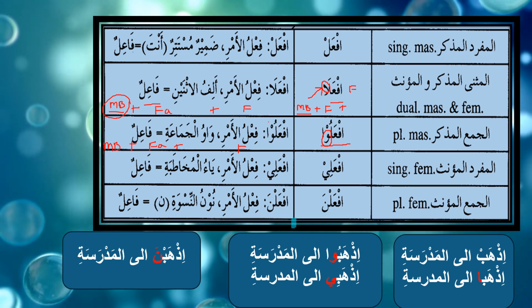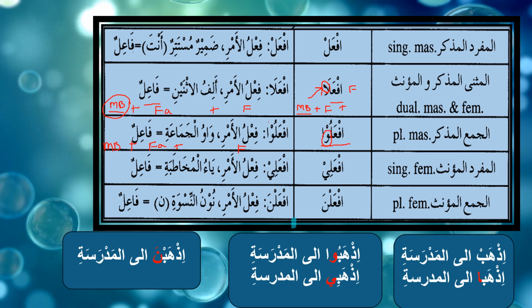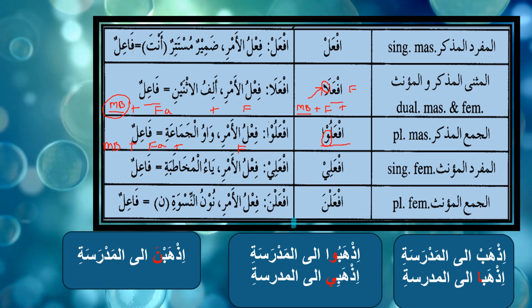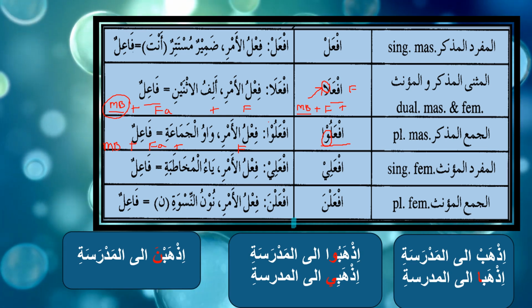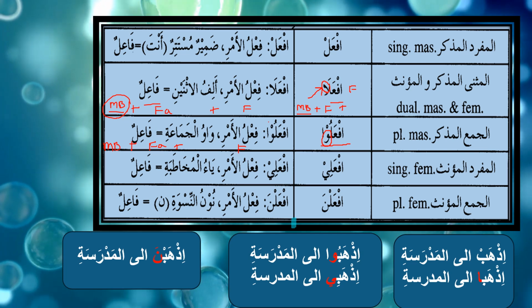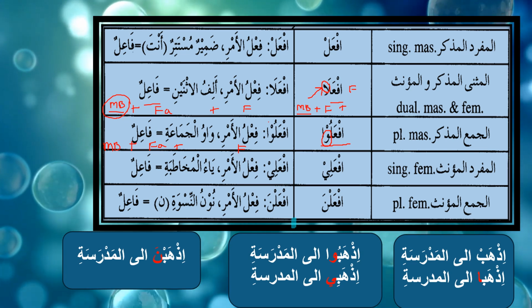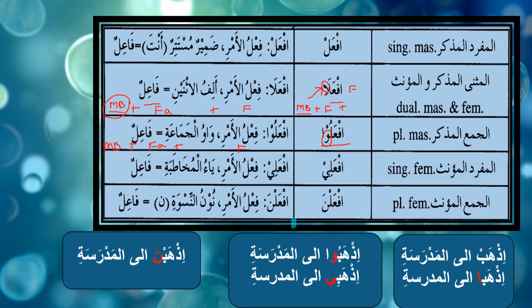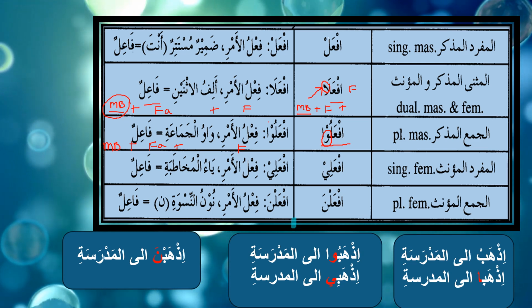As I told you, after the fi'l and fail, if there is a noun having a fatha, it is in the position of maf'ul bihi. So now if you come across an i'rab of a command verb in a sentence, apply the same formula of jumla fi'liyya.